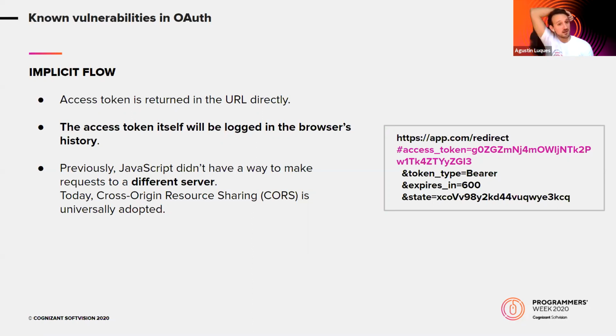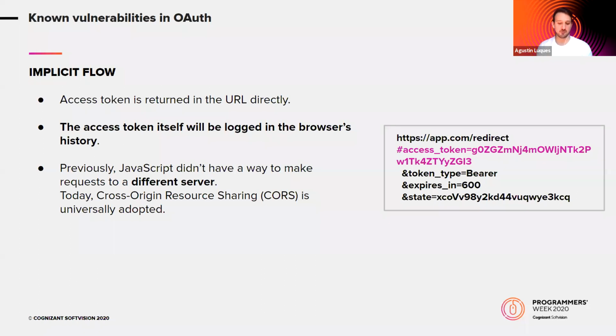Well, as we said before, the access token will travel in the URL because it will be returned in the authorization endpoint, which is a GET request, and of course it is very insecure. Also the client has to store this token in the browser, which is also very insecure.